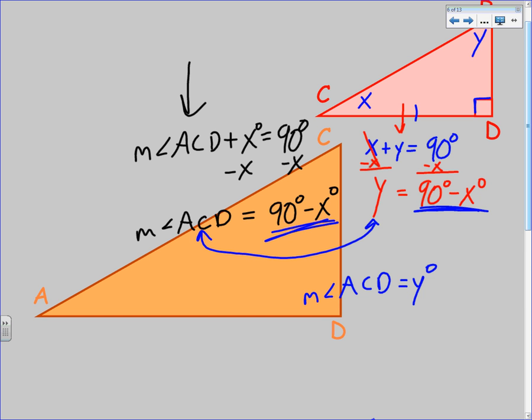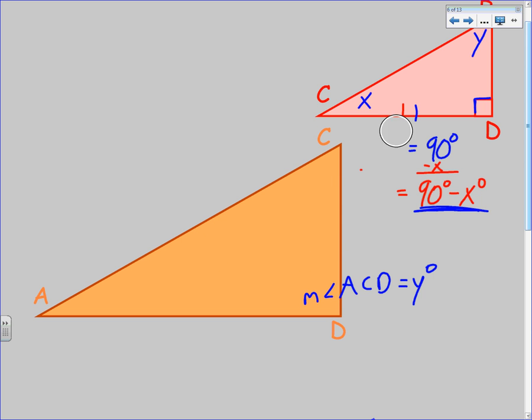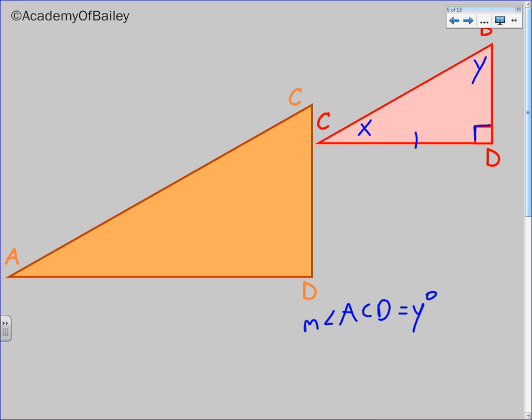All right, so let me erase some of this. I'm going to leave that last part up there. So if we look here, the measure of ACD, that would be right here, is also equal to y degrees. I guess I could probably put degrees here.